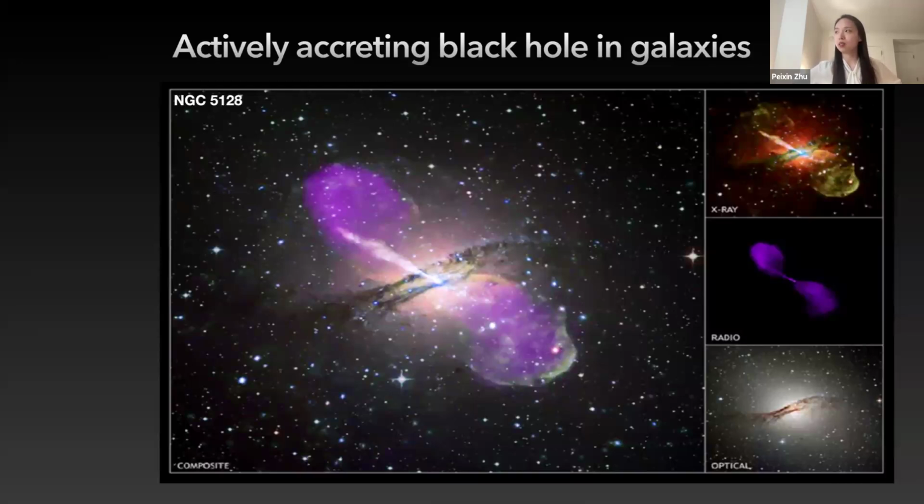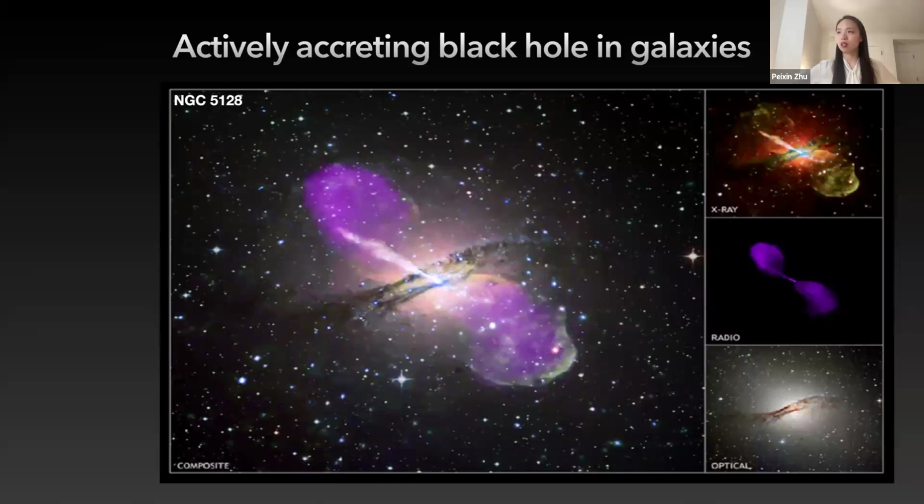And what is coming out? When you look at the X-ray image, you can see there's a jet-like structure shooting from the galaxy center toward the outskirts, and the direction overlaps with the radio lobe. So this is a hint that some violent event is going on in the galaxy center.